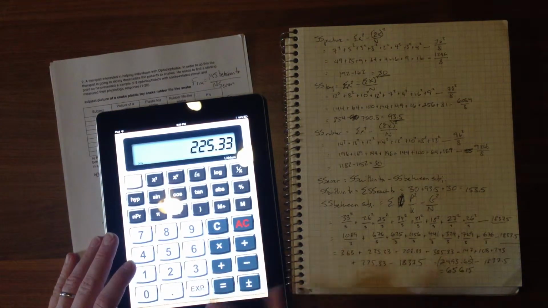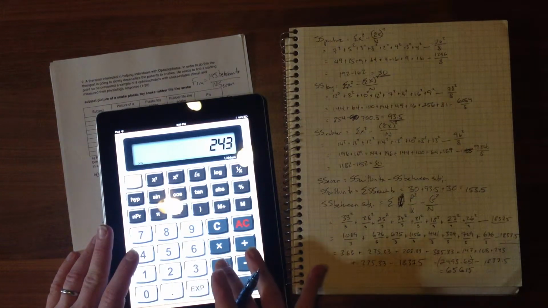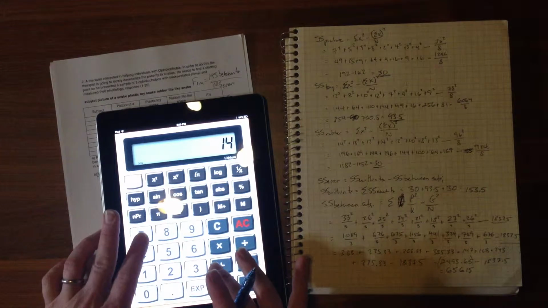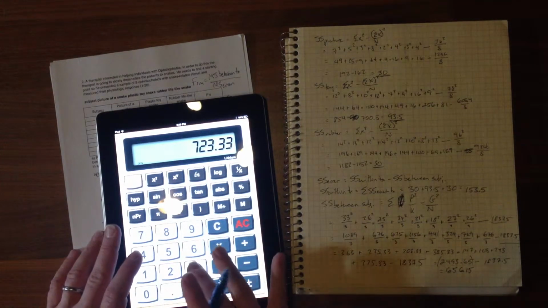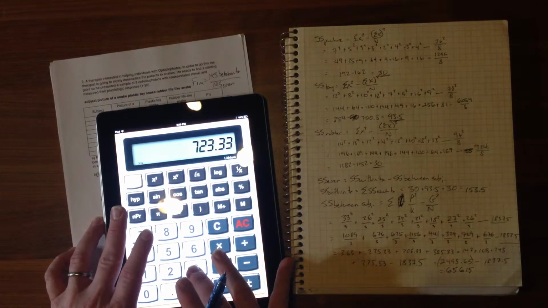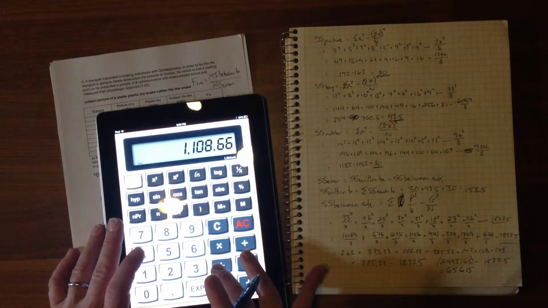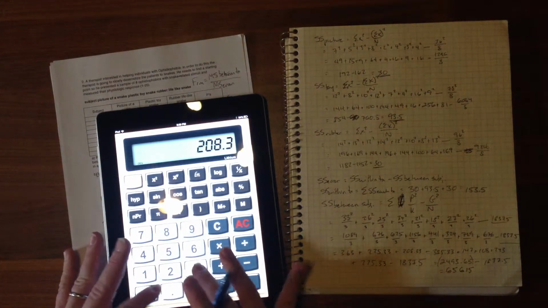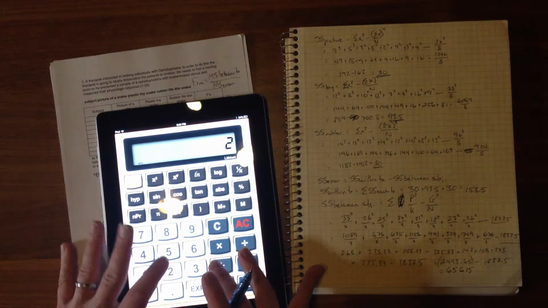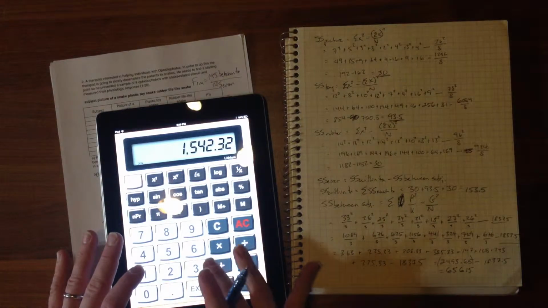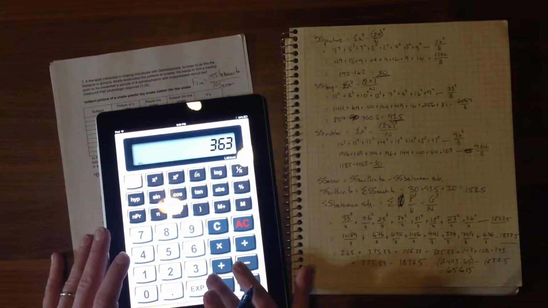225.33 and 243. And have a lot of numbers here. 147 and 385 and 208 and 225 and 363.